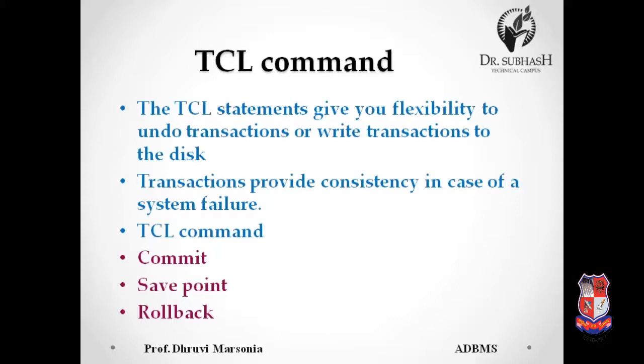Transactions provide consistency in the case of system failure. For example, if we perform insert operations in our table and the system fails, our inserted data is not deleted, as it is available in the table. So the TCL commands are commit, save point, and rollback.